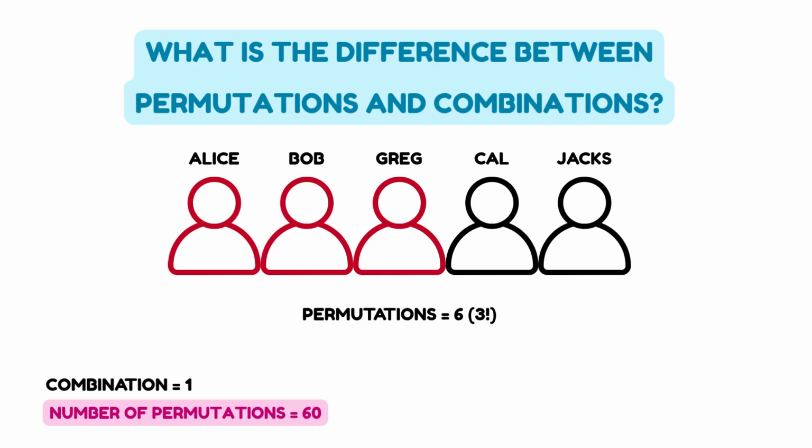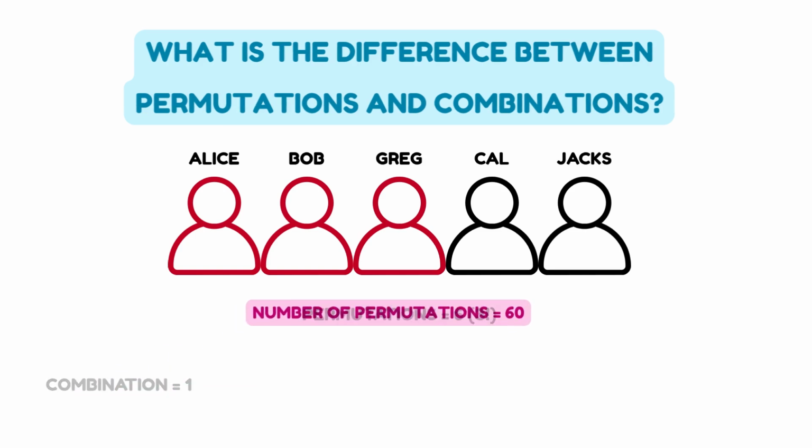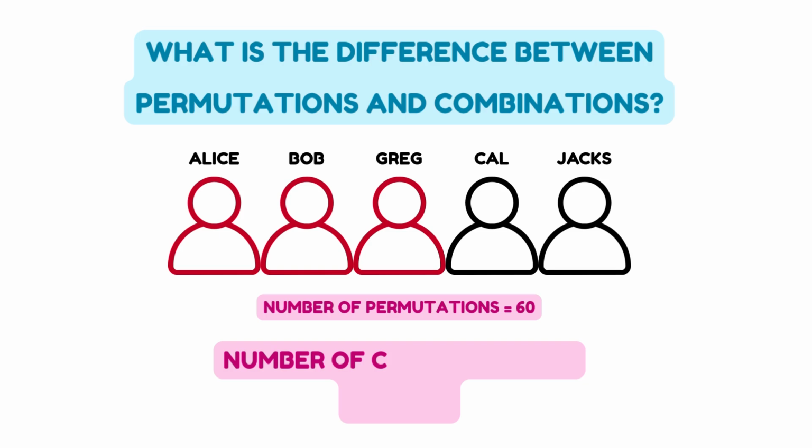We are just looking at the fact that we have 6 permutations for each combination. What this means is that we have to divide 60, which is the number of permutations we originally had, by 6, which is the number of permutations per combination. Because if we had one combination, we've got 1 times 6 permutations. That's why we divide, to get the answer of 10.